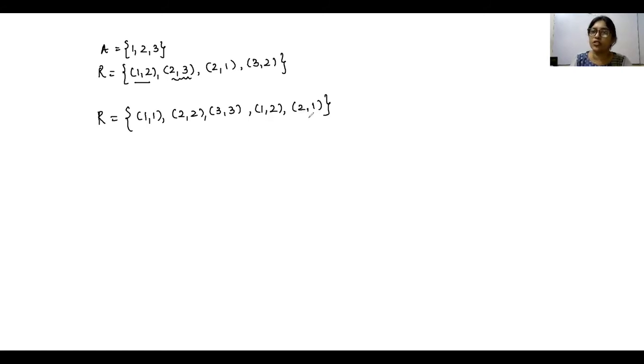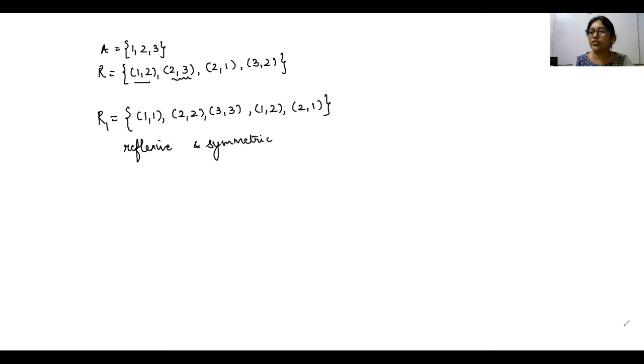So it becomes symmetric. Also, according to the first one, it is reflexive: if 1 is there, we find (1, 1), (2, 2), (3, 3). So this relation R1, let's say, is reflexive as well as symmetric. So a relation may be more than one kind.